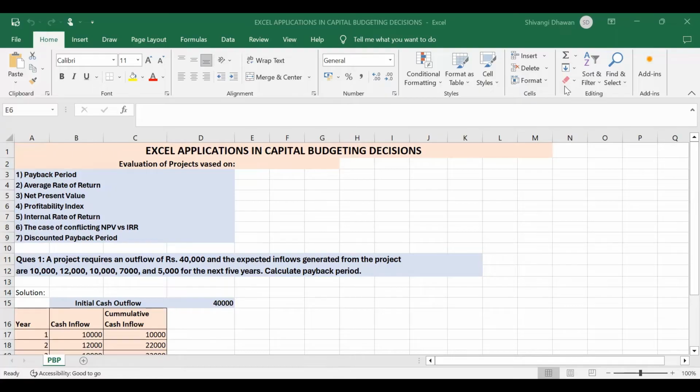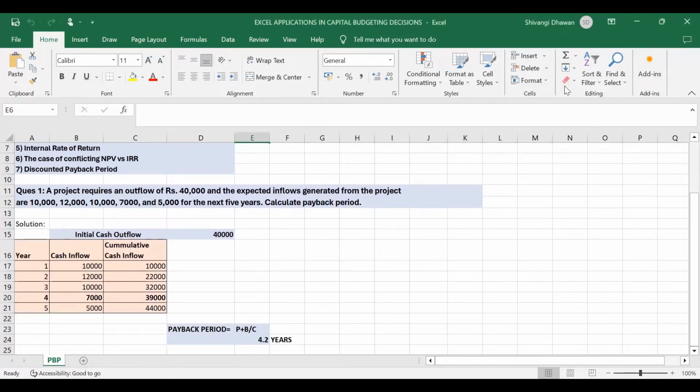So we have a question here, which is like a project requires an outflow of rupees 40,000 and the expected cash inflows generated from the project are 10,000, 12,000, 10,000, 7,000 and 5,000 for the next 5 years.